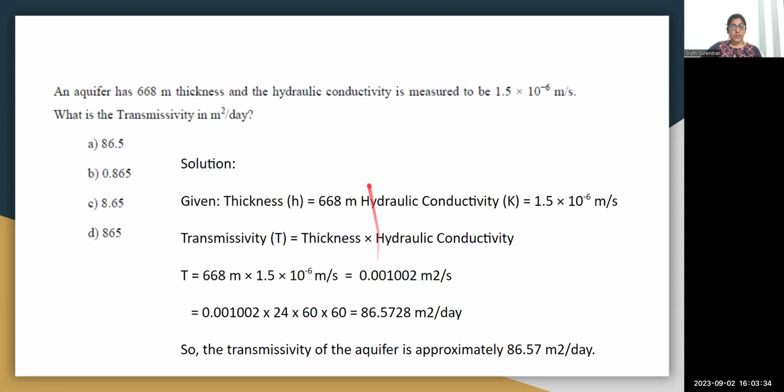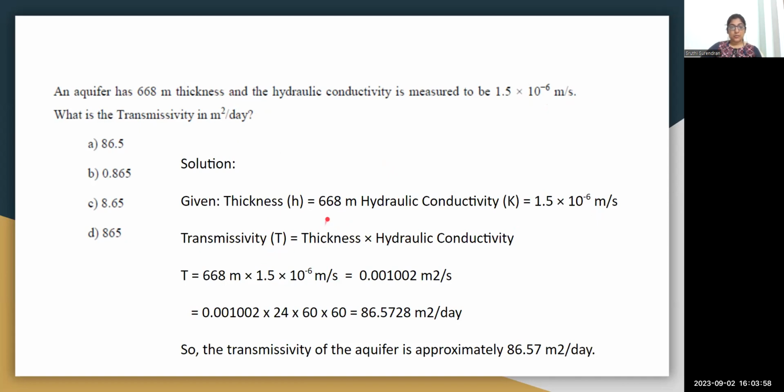This is a matter of knowing the equation. Transmissivity is equal to the hydraulic conductivity times the thickness of the aquifer. Thickness is 668 meters, and hydraulic conductivity is 1.5 x 10^-6 meter per second. Be careful of the unit, as we need the transmissivity in meter square per day.